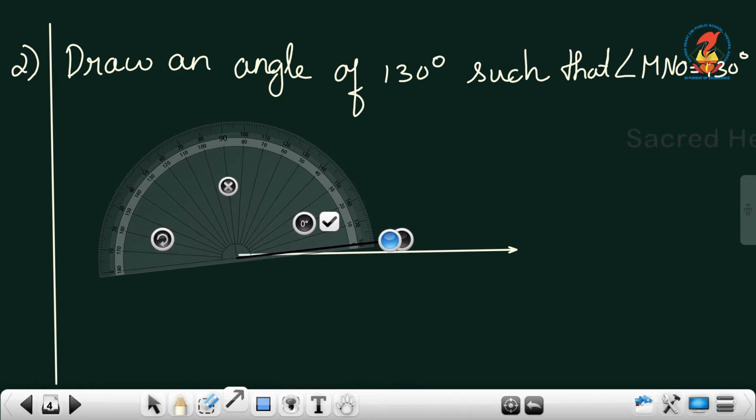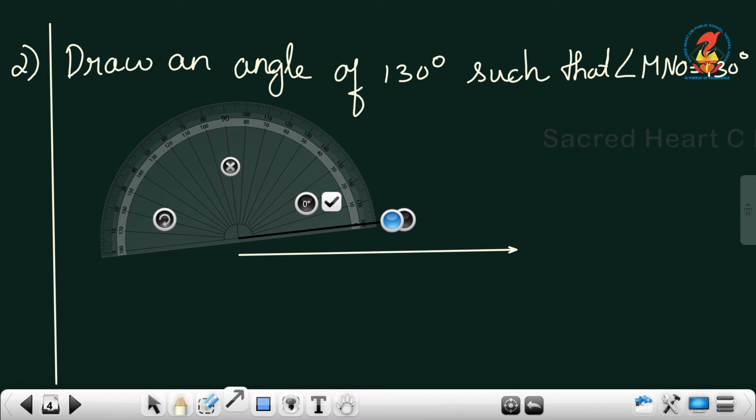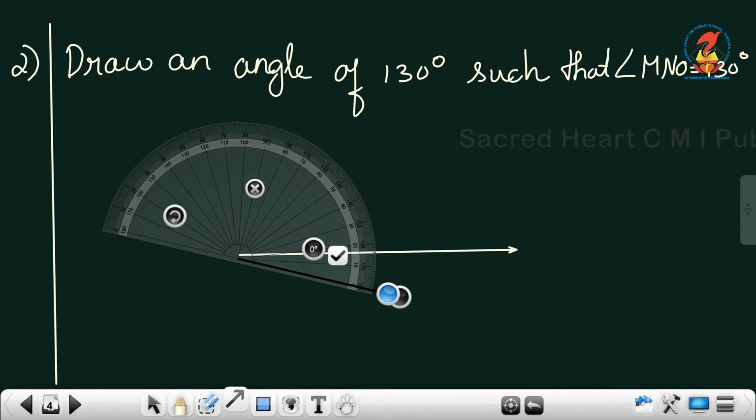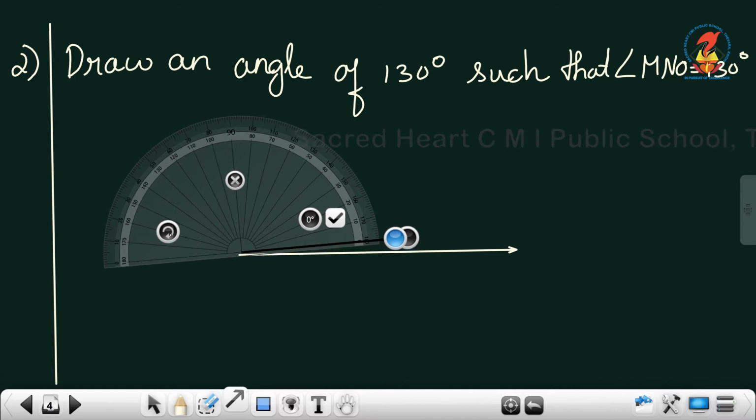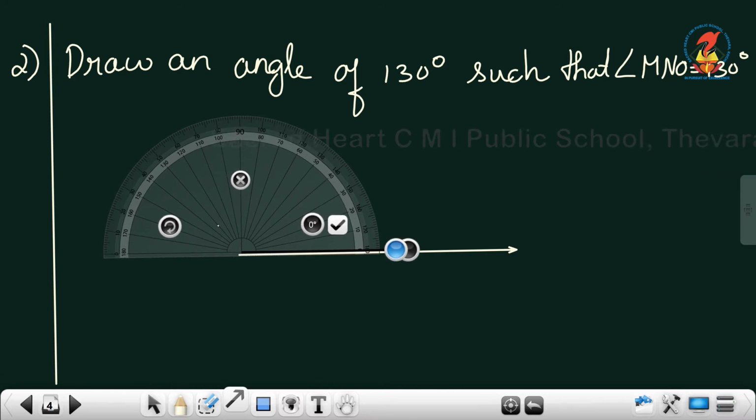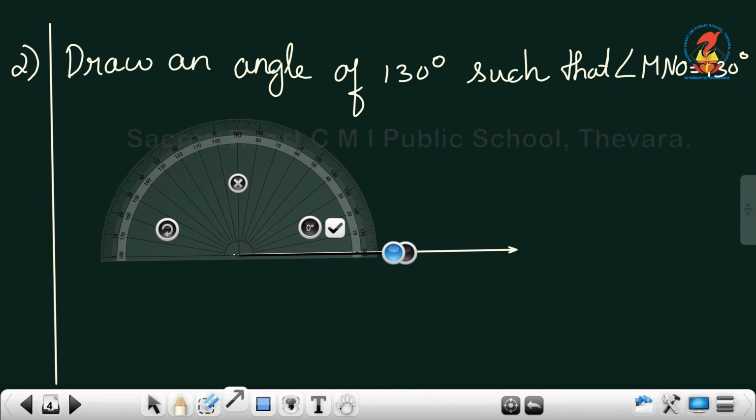Okay, I'm just trying to adjust it. Let me see if it is possible. Otherwise, you all do it like that. Okay, I got it. Now I am adjusting it. So it's almost on top of the line. When you all do it, it should be perfect. This baseline should be on top of the ray which you have already drawn.